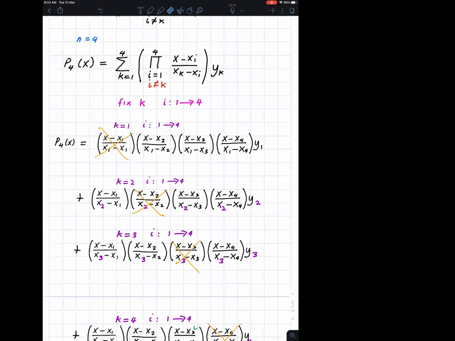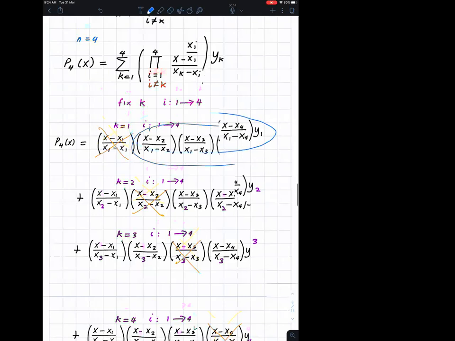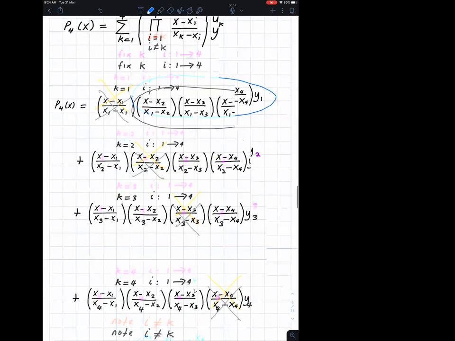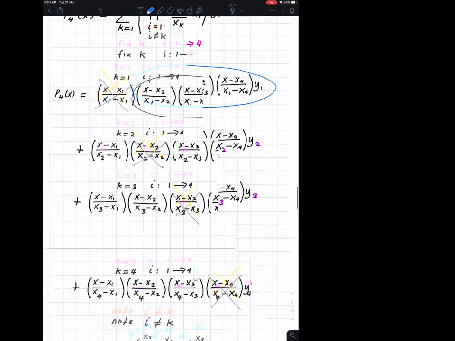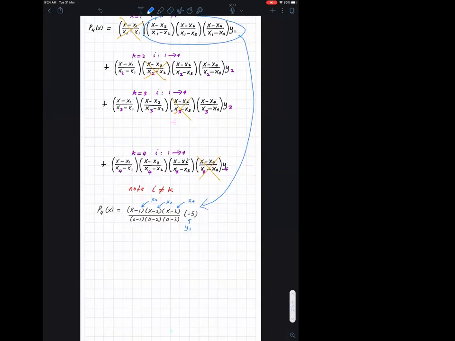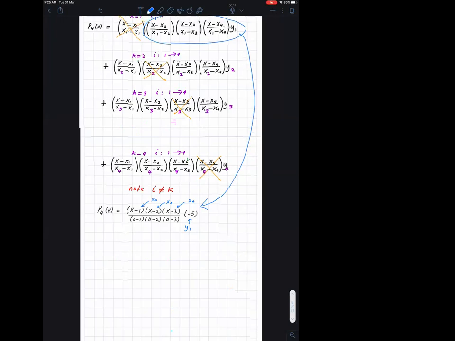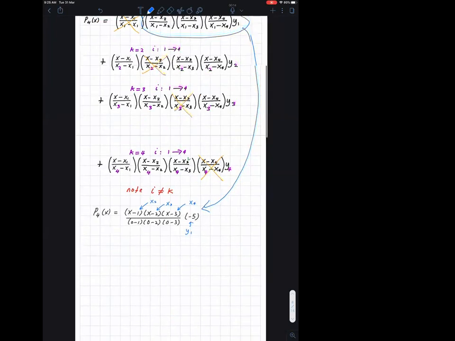It's coming from this part here. This is it. So you go ahead and do the same substitution for the others.